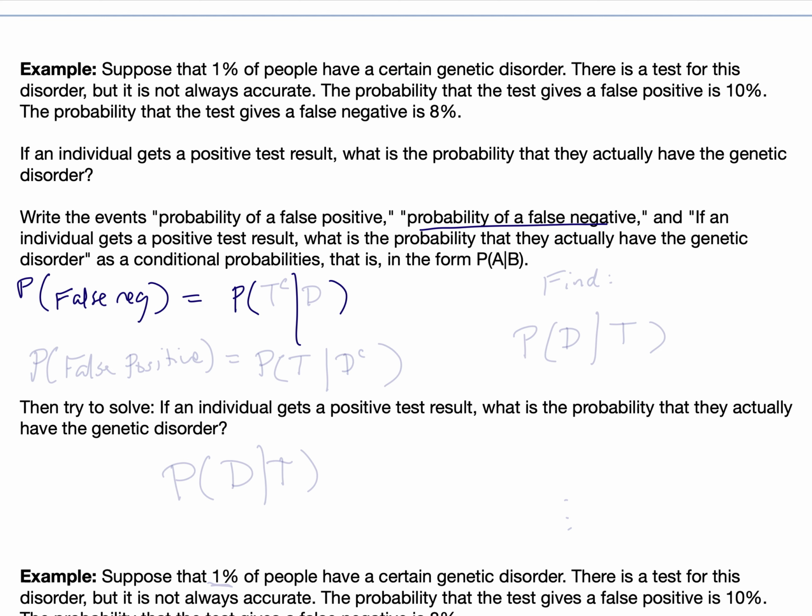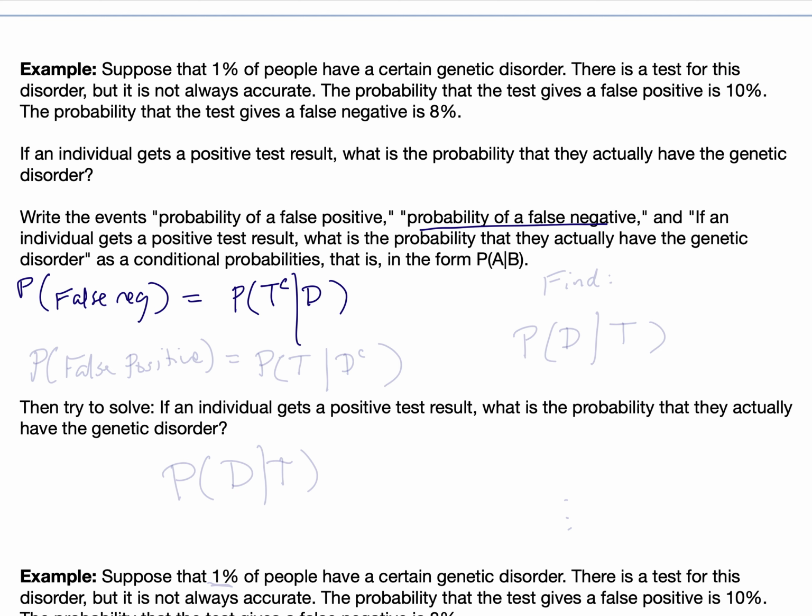That's the probability that the test result is negative, T complement, given that, if it's a false negative, that means the person actually does have the genetic disorder. So this is how we would write that with conditional probability.